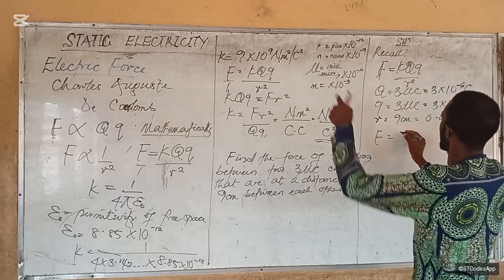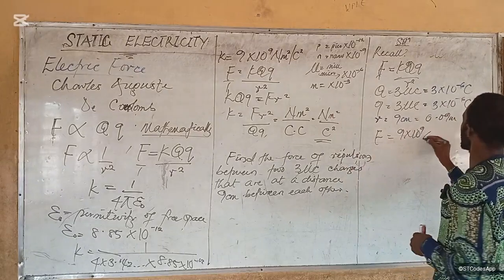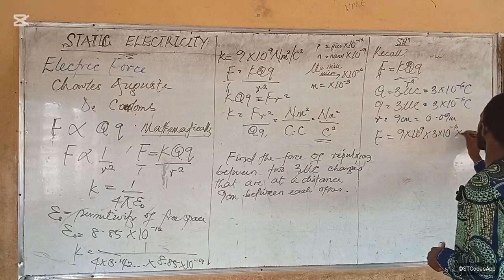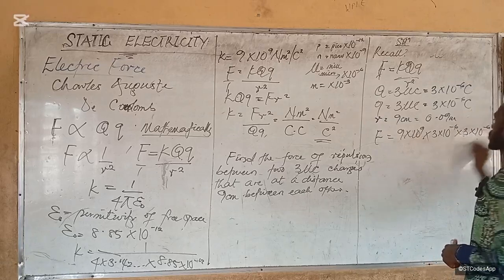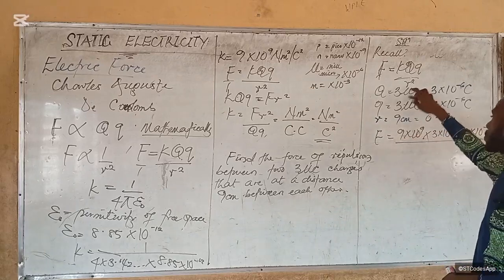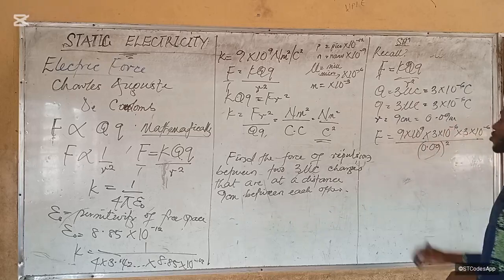Recall that K is 9 times 10 raised to the power 9, then times our Q1, 3 times 10 raised to the power minus 6, Q2, 3 times 10 raised to the power minus 6, all over R squared. What is our R? R is 0.09, then all of this squared.